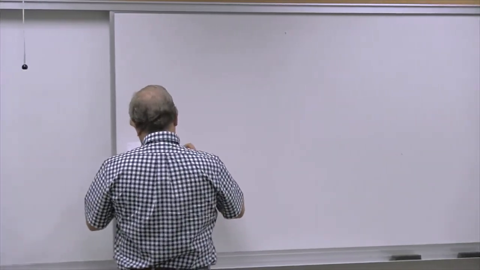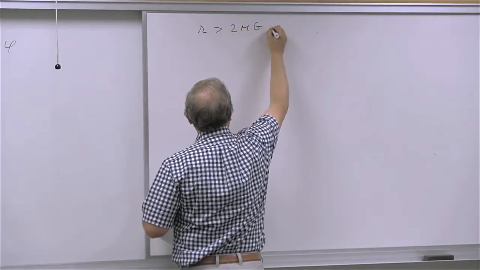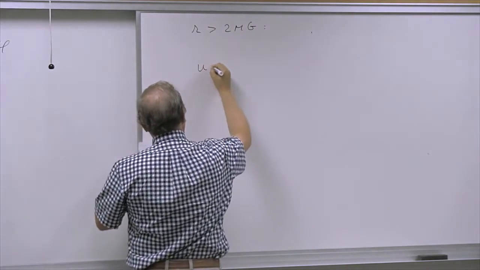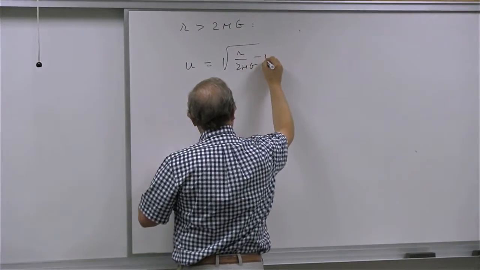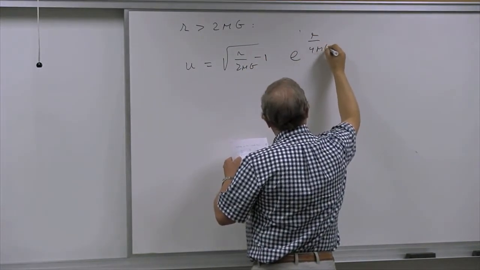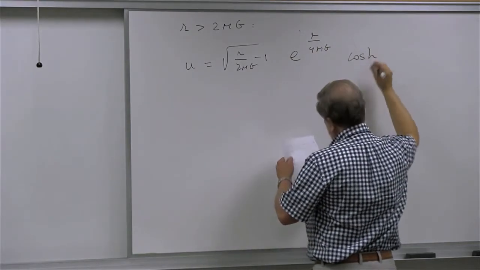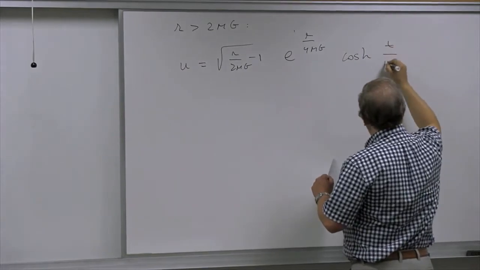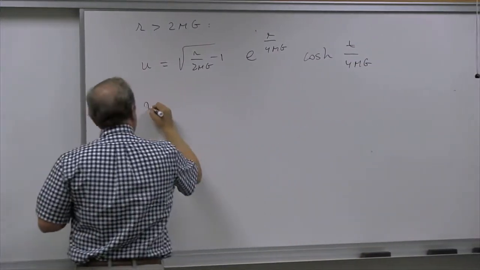So if you're outside, if r is greater than 2mg, then the solution is that u is equal to the square root of r divided by 2mg minus 1 times e to the r over 4mg times the cosh of t over 4mg. Right? And so that's explicitly u in terms of the original coordinates r and t.